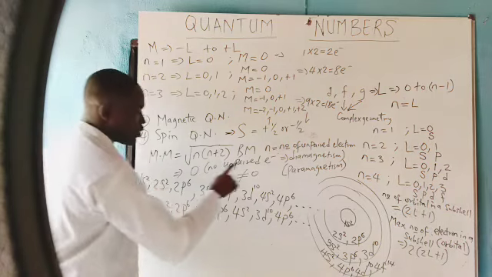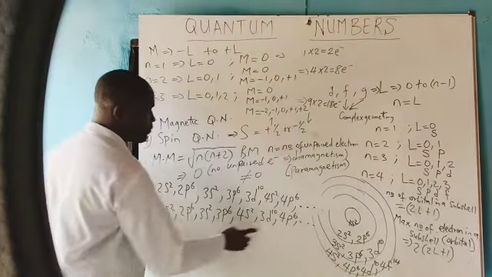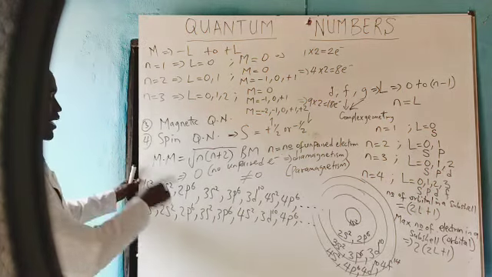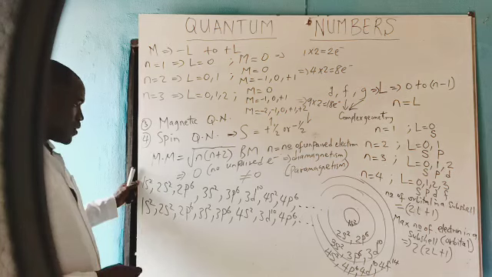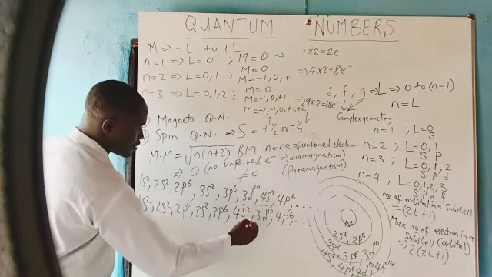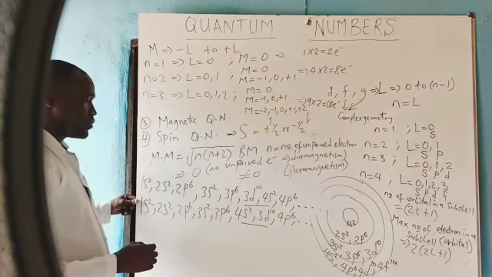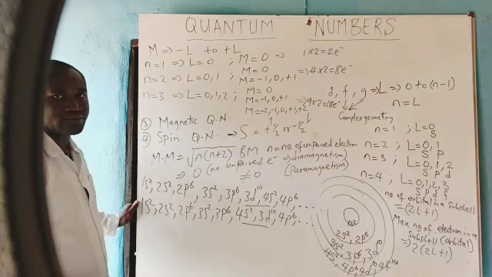In the first one, we stop at 4p6. In the second one, we stop at 4p6. Look at it critically and know whether these two are the same. You will notice that at this point, they are not the same. But the question is, which of these two is correct?